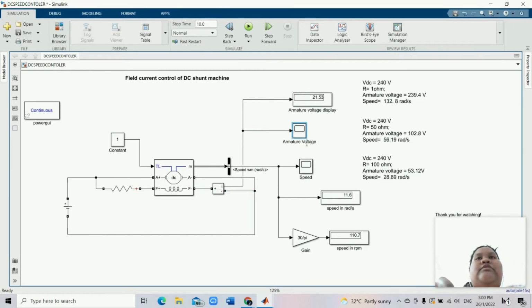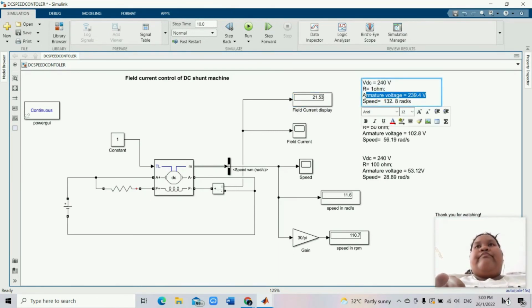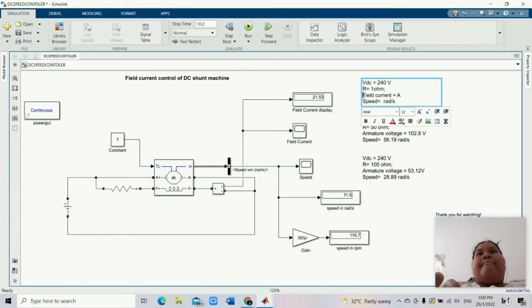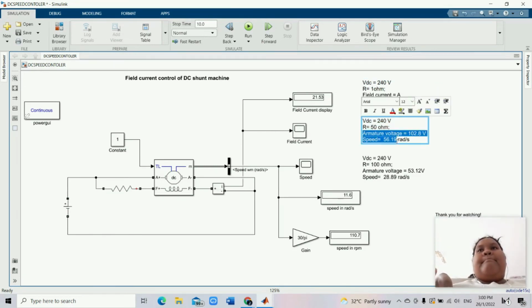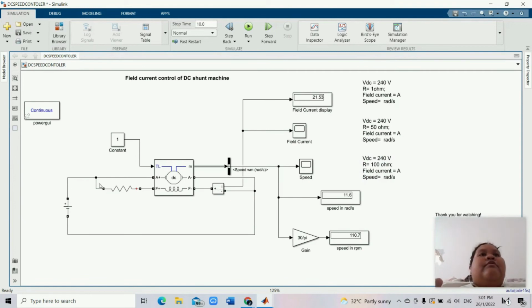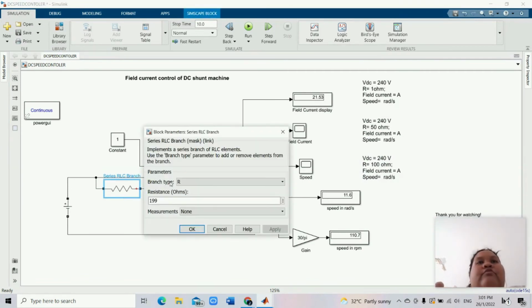The scope I will change to field current. So let us run the simulation.